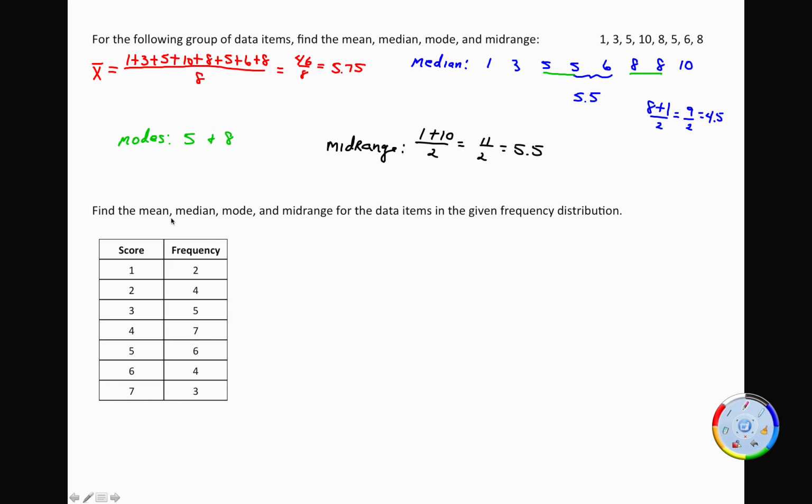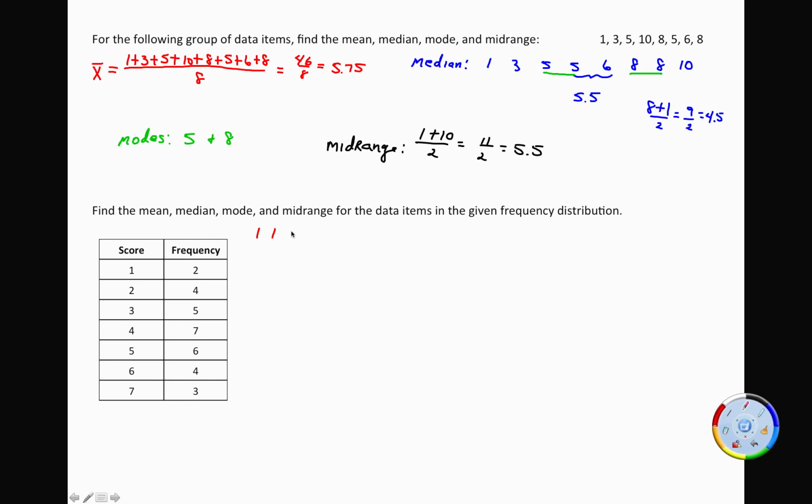Let's look at finding the mean, median, mode, and mid-range for the data items in the given frequency distribution table. All right, so first of all, let's just recall what this means. Here's a list of scores. If I were going to take this out of my table, again, as just a long list of data like we have up here, because it says the frequency is 2, that means I have a 1 and a 1 for my data items.